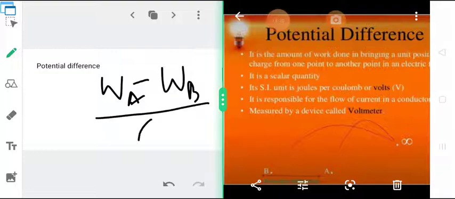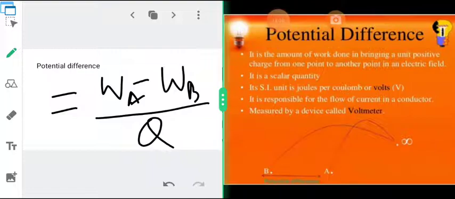If that charge is denoted by Q, then WA minus WB divided by Q gives us the value of potential difference, and that is the mathematical expression for potential difference. Potential difference is necessary to be maintained for getting a steady flow of current, and this is actually responsible for the directed flow of charges.